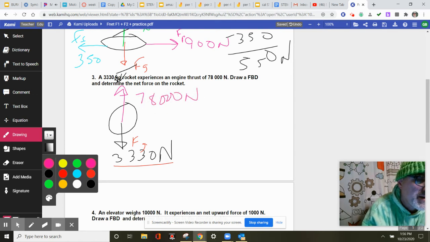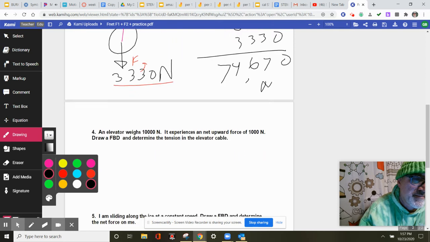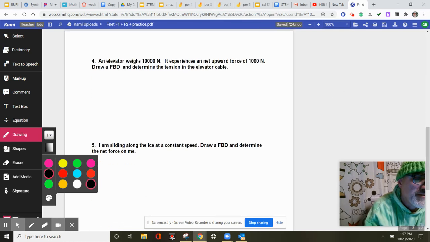So basically, that's the free body diagram. The net force is the difference between them. It's 78,000 minus 3330. Okay, let's see, 74,670 newtons.